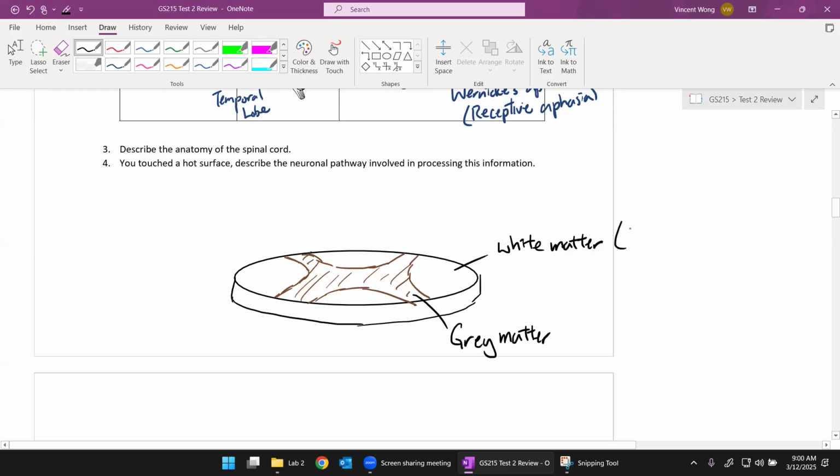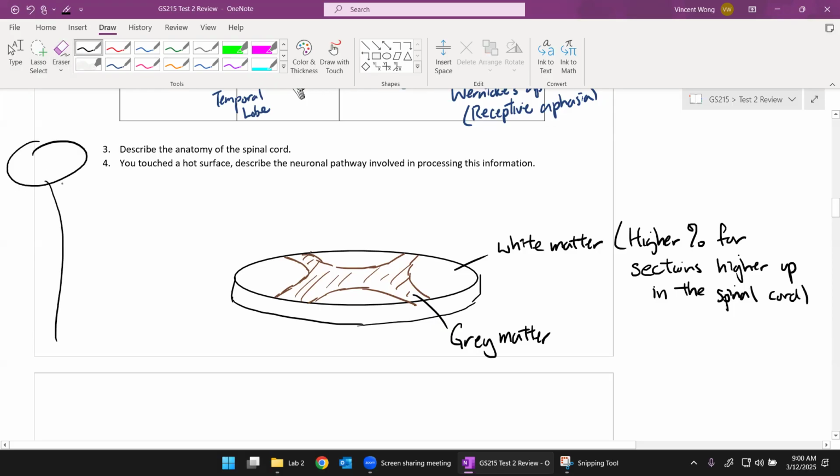Okay, I should mention you would have a higher percentage of white matter for sections higher up in the spinal cord. If you think about this, like this is the brain and this is the spinal cord, we have the cervical, thoracic, lumbar, and then coccygeal and sacral.